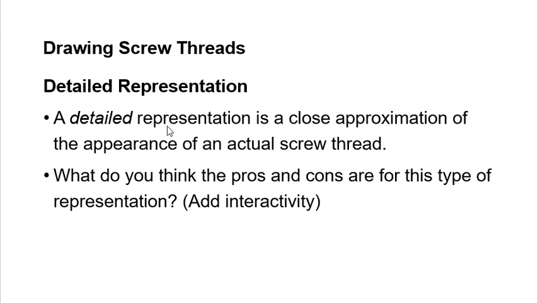Doing a detail, meaning you're drawing as close as your actual screw thread. I'm going to make you do this exercise in class. So I'm not going to give you the answer right here. It's too easy. I want you to think about it, and at the end of the lecture, you are going to give me the answer.